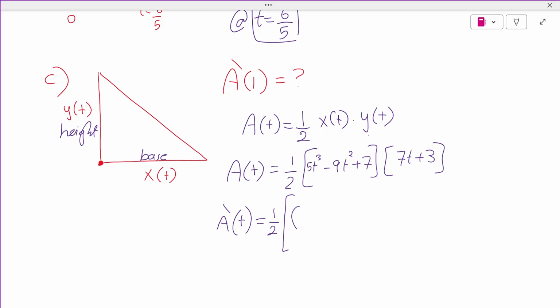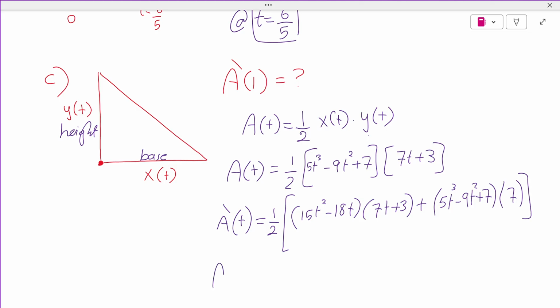It is 15t squared minus 18t. Leave the second, 7t plus 3, plus leave the first, 5t cubed minus 9t squared plus 7, times the derivative of the second, which is just 7.